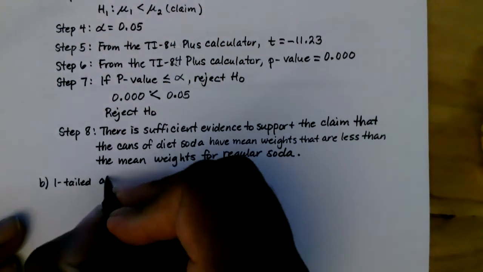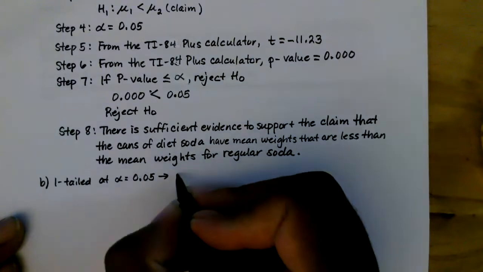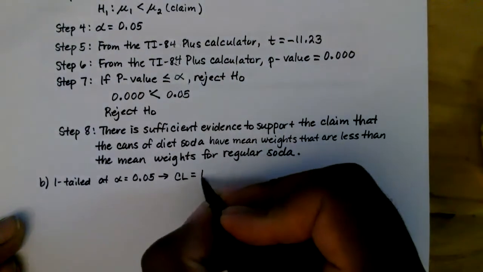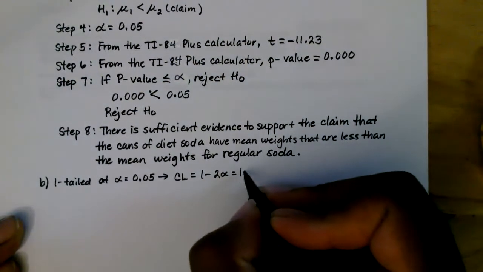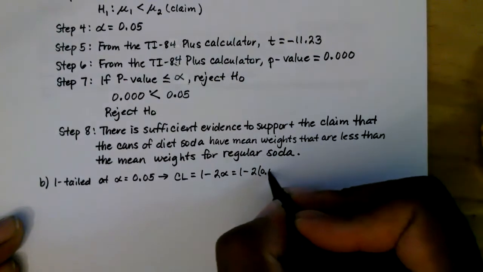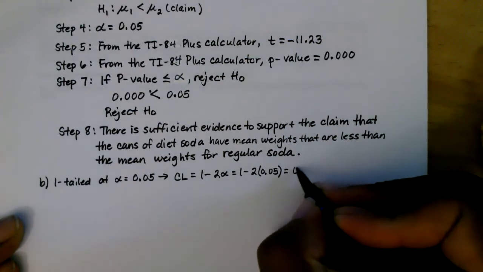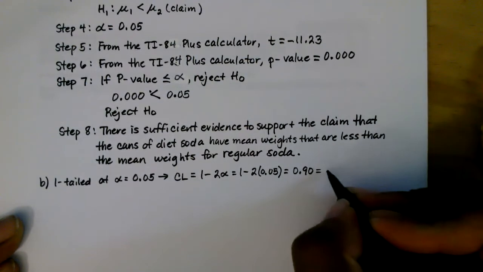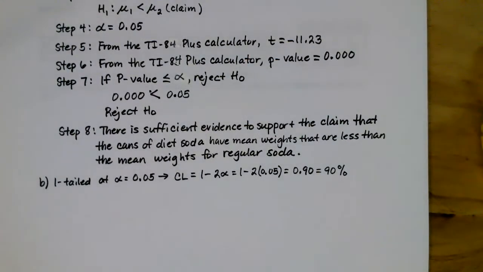And our alpha level is 0.05. So that means the confidence level will be equal to 1 minus 2 times alpha. So 1 minus 2 times 0.05. If you type all of that in the calculator, you'll get 0.90, or as a percent, 90%. That means we have a 90% confidence level.